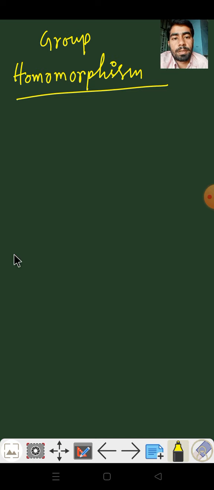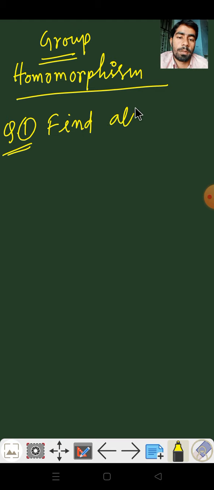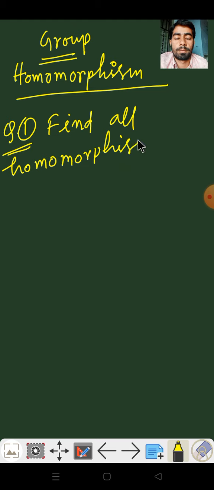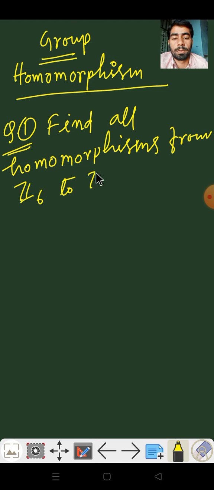Without going into further discussion of the theory of this topic, I will solve a question given by one of my students. The question is: find all homomorphisms from Z6 to Z4.